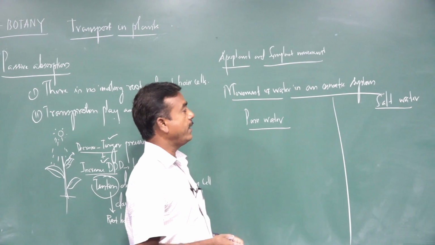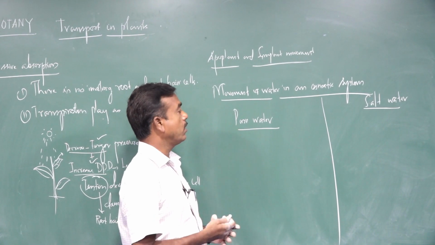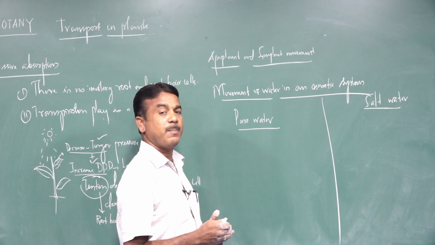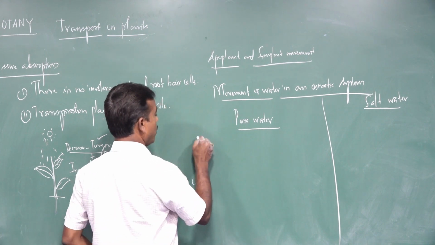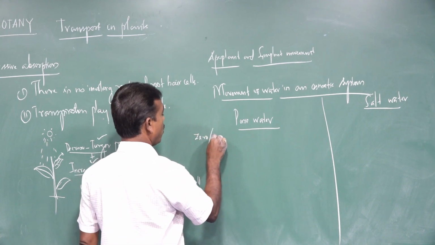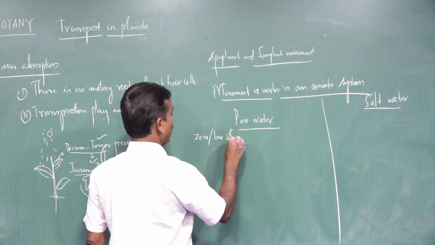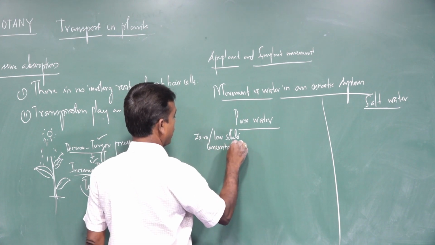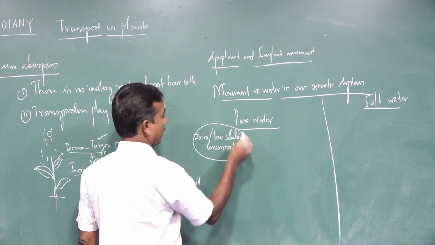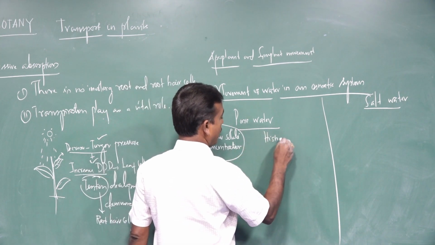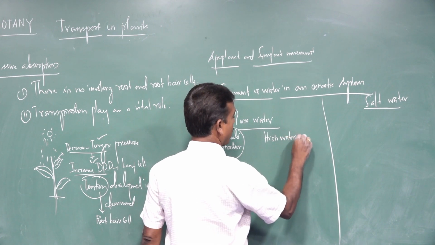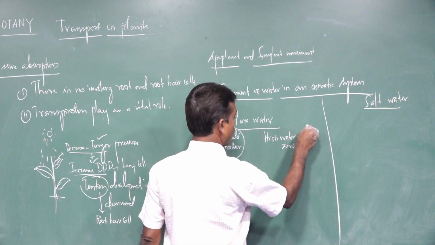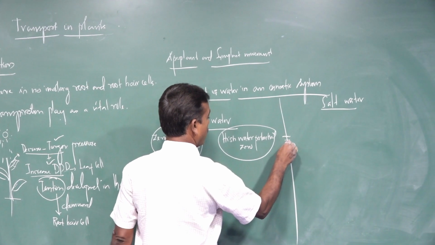Movement of water in an osmotic system happens with both pure water and salt water. What are the parameters responsible for the movement? First of all, pure water has zero or low solute concentration and high water potential, generally zero.